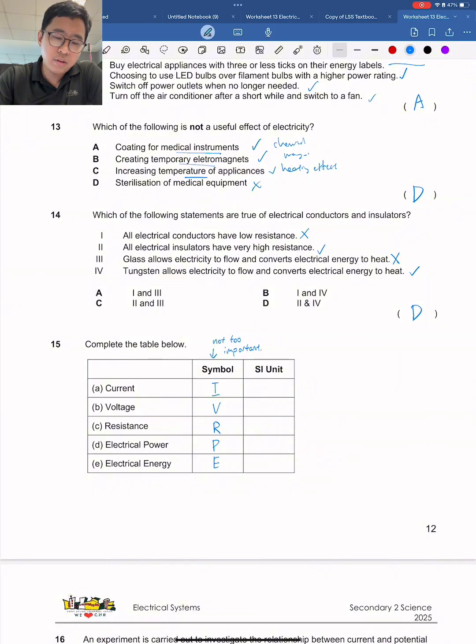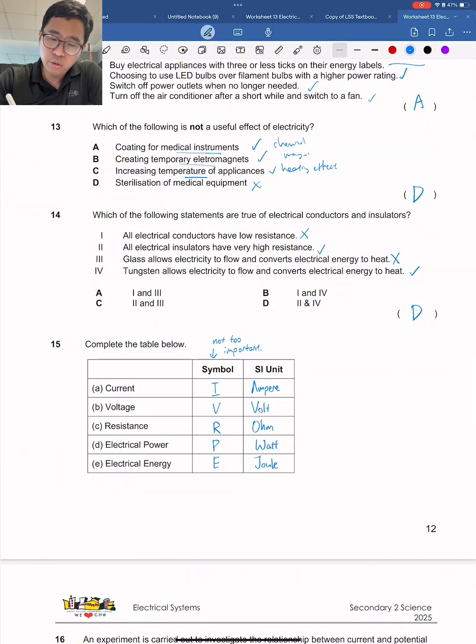The SI unit for current is ampere. For voltage, it is volt. For resistance, it is ohm. For power, it is watts. And for energy, it is joule.